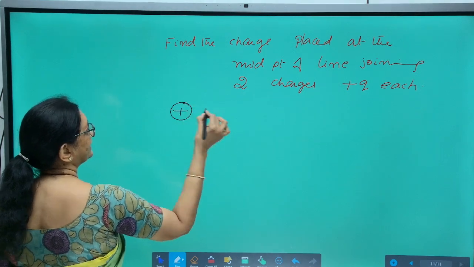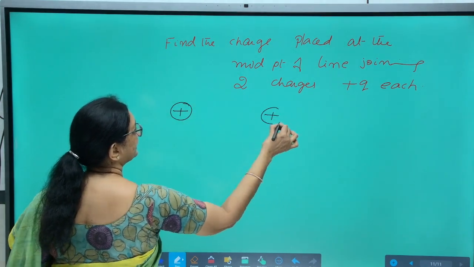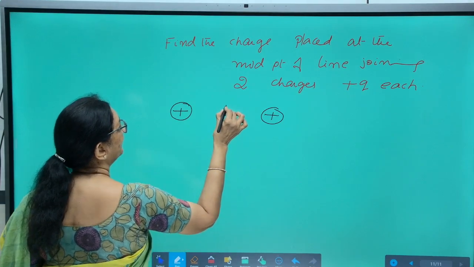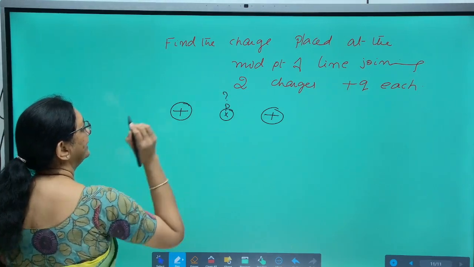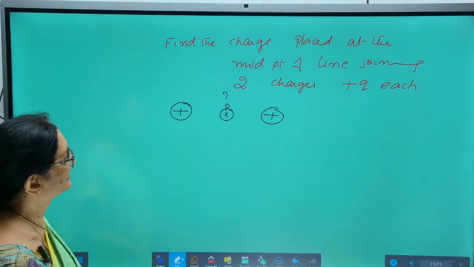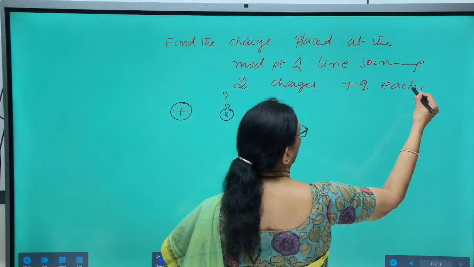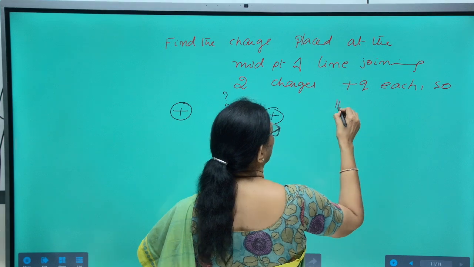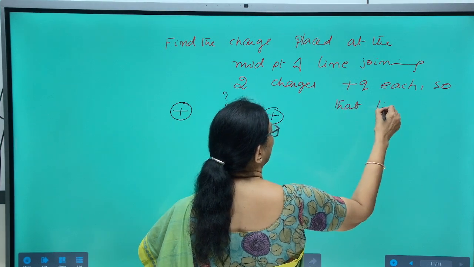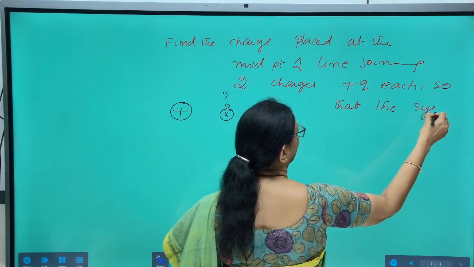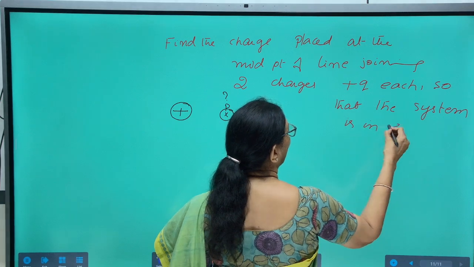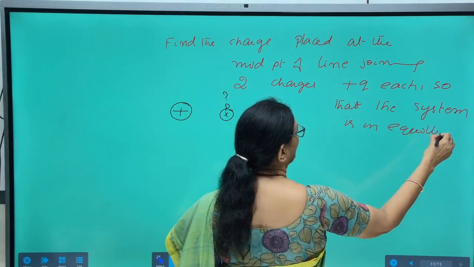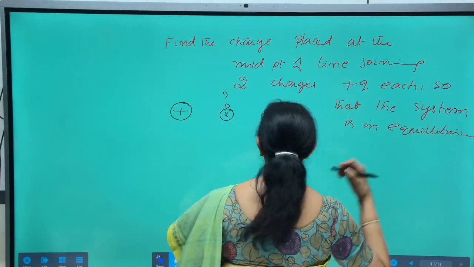This is plus q, this is plus q. Let this be the midpoint. What is the charge placed at this point so that the system is in equilibrium?